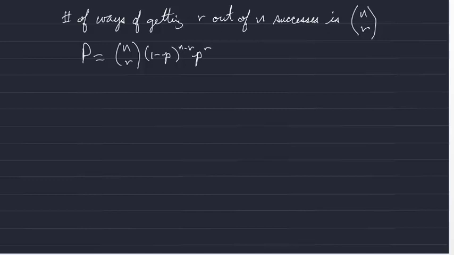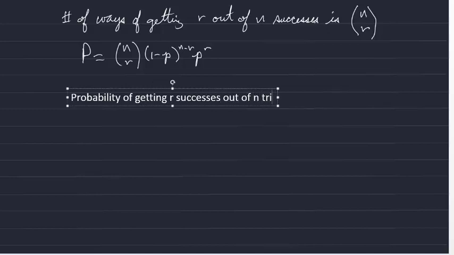And so what we've just described is the probability of getting r successes out of n tries in any order.